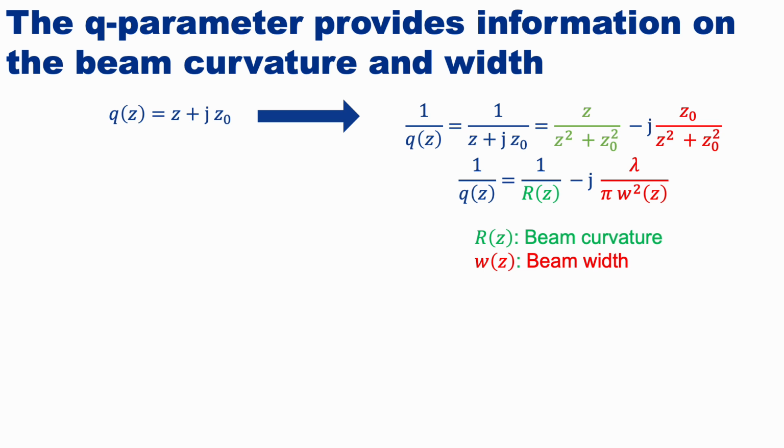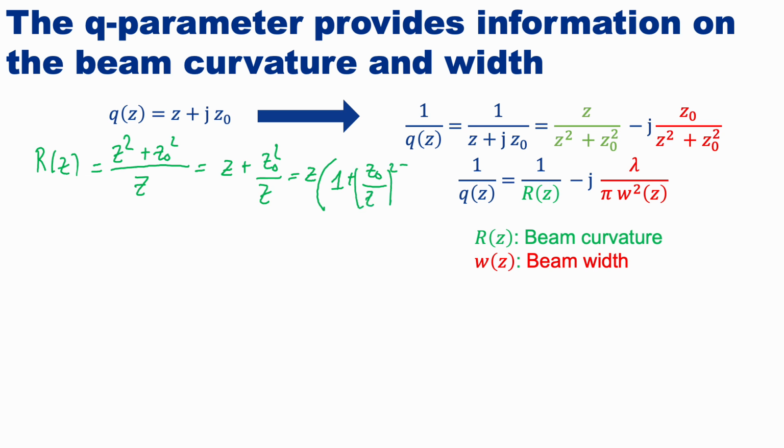If we write the beam curvature, that's going to be C squared plus C sub 0 squared over C, and now we can have this as C plus C sub 0 squared over C, and I can take a C outside, and that's going to be 1 plus C sub 0 over C squared.